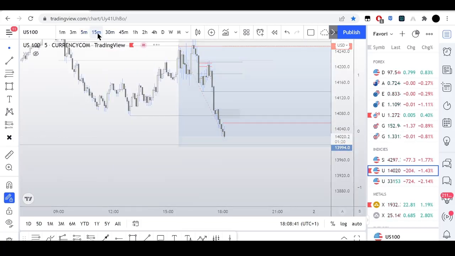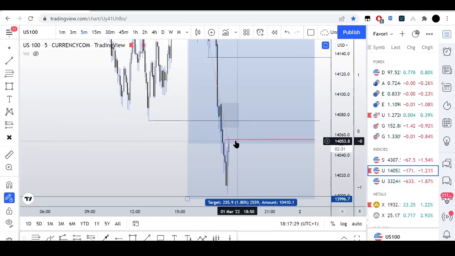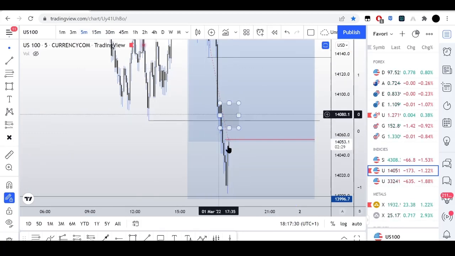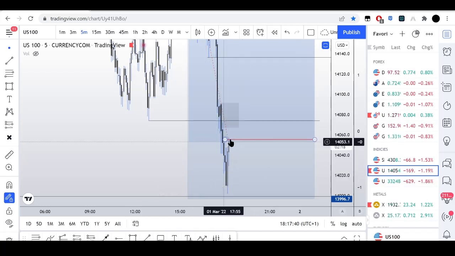All right, so it took out this horizontal line. I'm still holding until it gets me out at like even 3%, right? So I'm still holding. It could just go back down from here. But as soon as it hit my 3, yeah, see, like, nah, not yet.